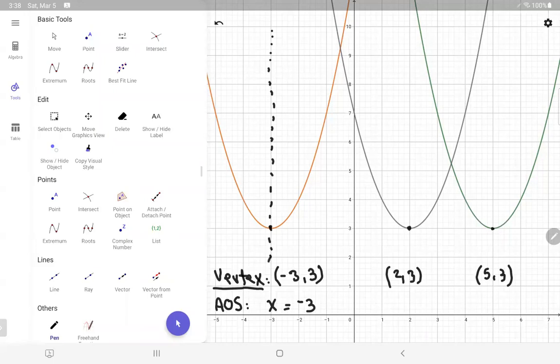Axis of symmetry is a straight line. It's not just one point. And we said there's a connection between this number and this number. What is the axis of symmetry here? X equals 2. What is the axis of symmetry here? This is 5, right?